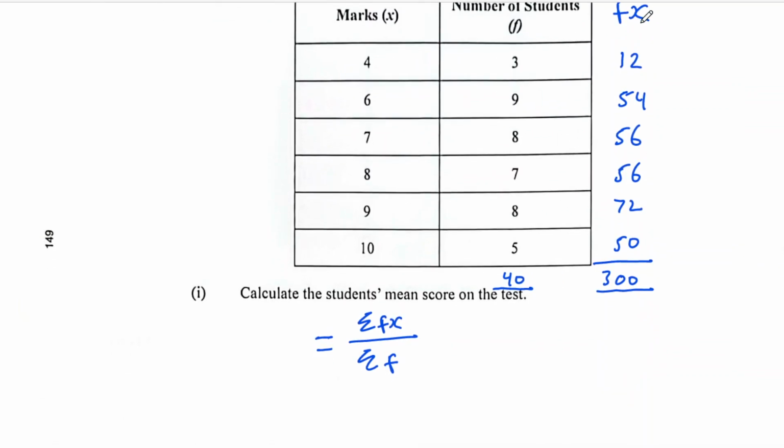Right, so when we total fx, we get 300. When we total the frequency it is 40. So the mean will be 300 over 40, and that is 7.5 marks.